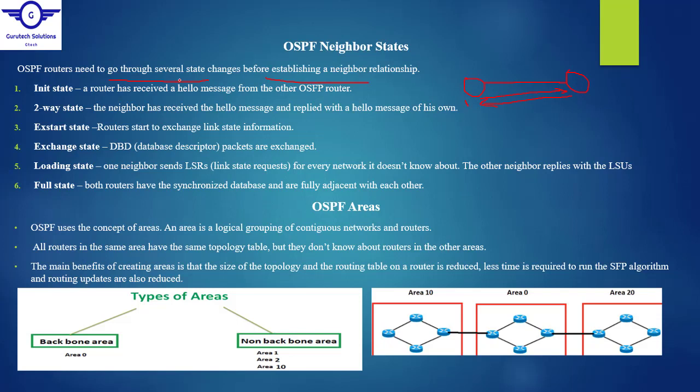That is stage 1, init stage: a router has received a hello packet from another OSPF router. Now the second stage, the second router will send back the hello packet. It's called two-way.